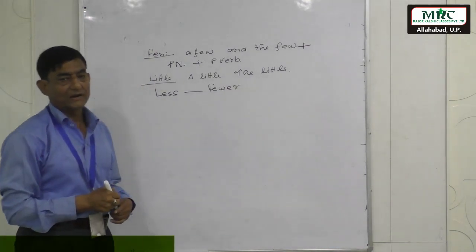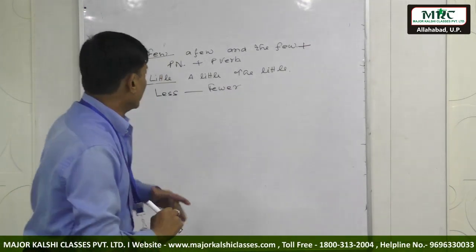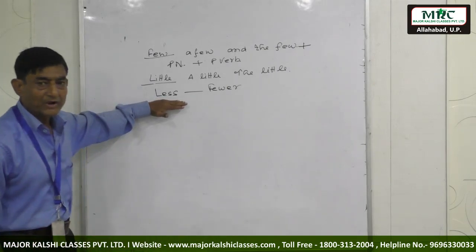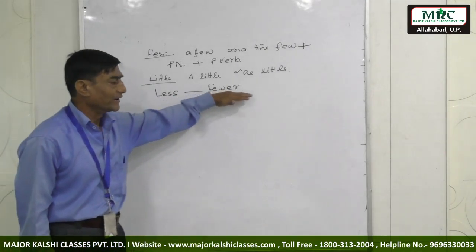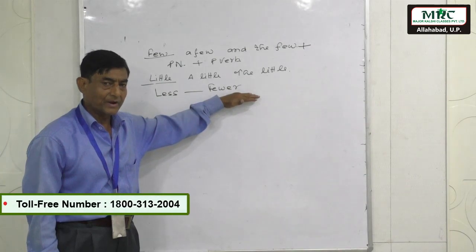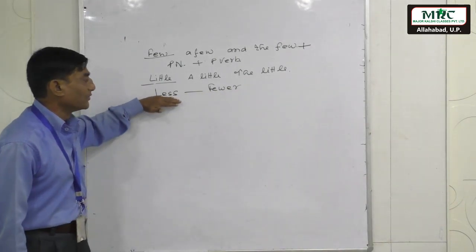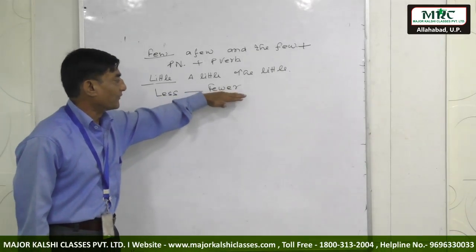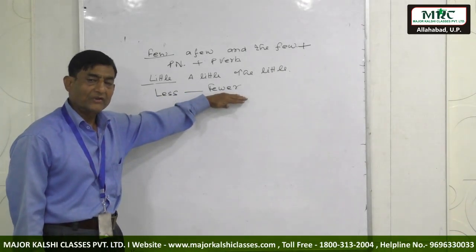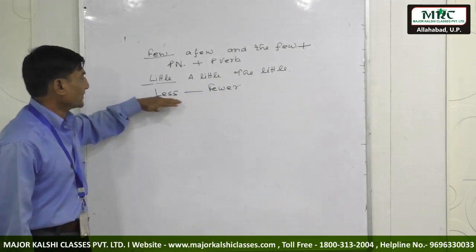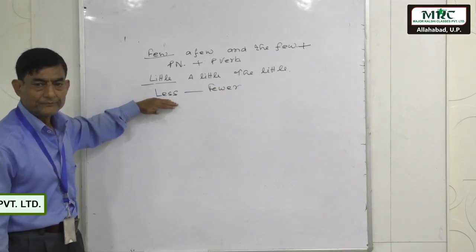Both these words are comparative degree, but less is used with uncountable nouns and fewer is used with countable nouns. In the question paper, where less should be used, we get fewer, and where fewer should be used, it is substituted by less.